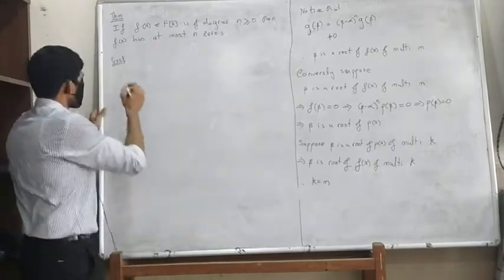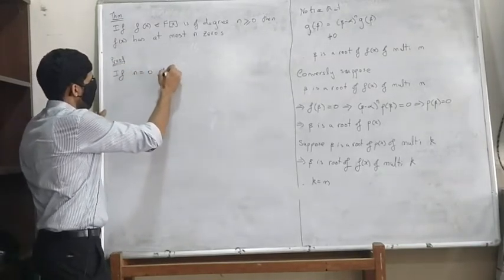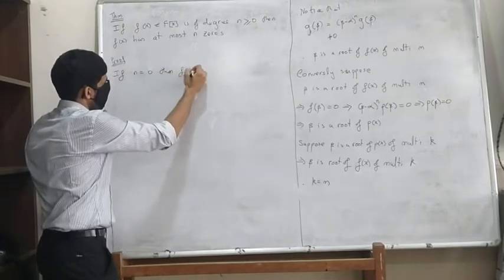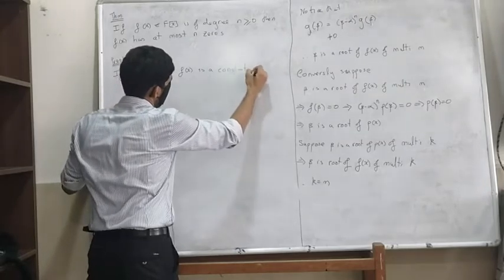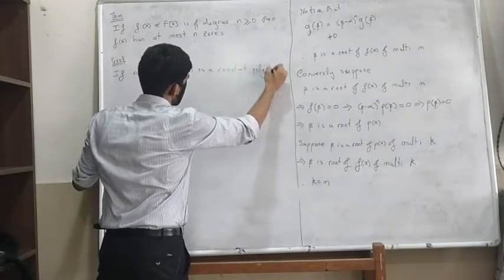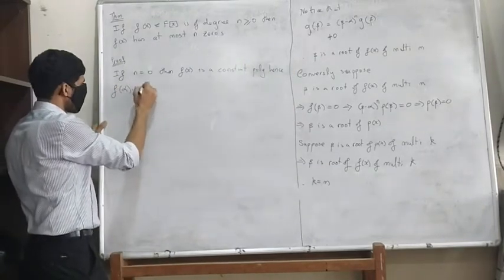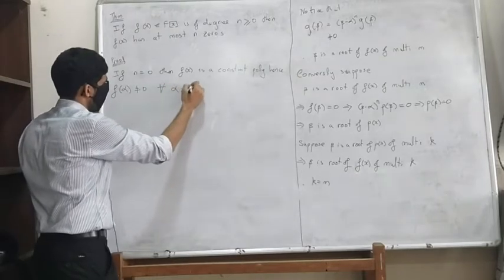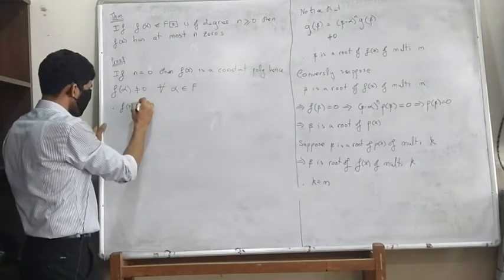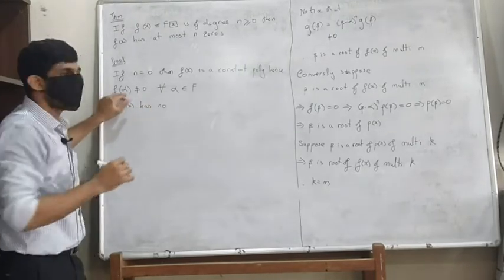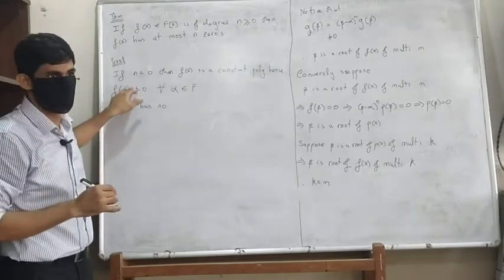So if n equals 0, then f of x is a constant polynomial, hence f of alpha is not equal to 0 for every alpha in F. And therefore f of x has no zeros, because f of alpha will always be that constant value, which is non-zero.